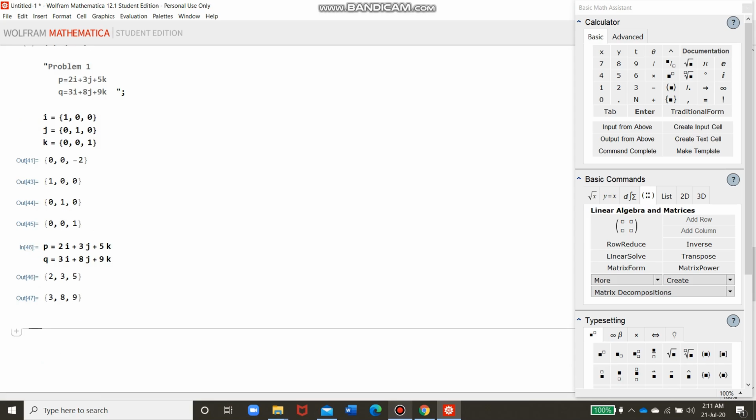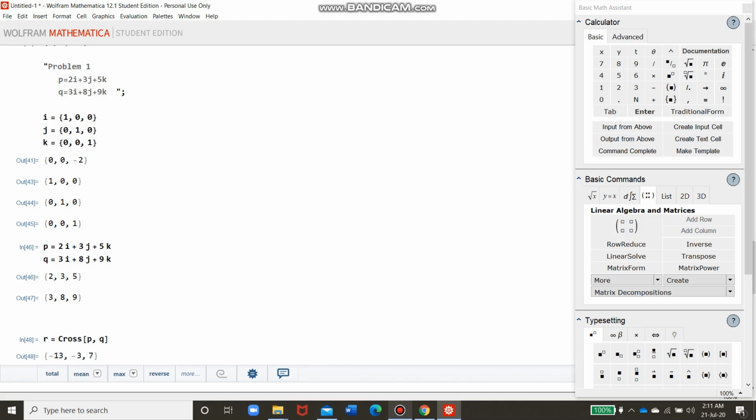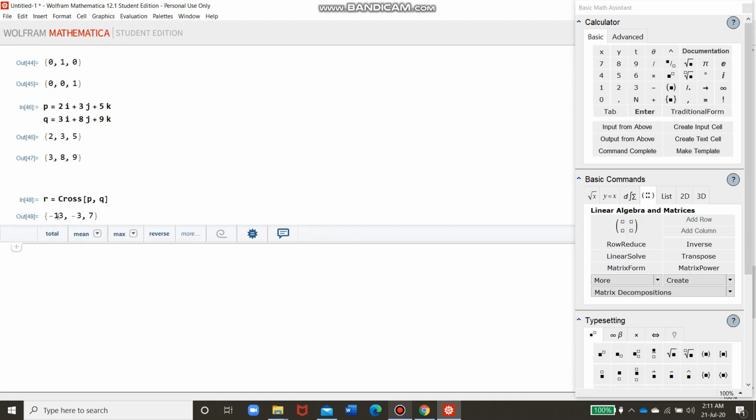Now to find the cross product, maybe an r equal cross p comma q, shift enter. So this is your answer: minus 13i, minus 3k, 3j, and 7k. So please cross check with your answers, and if you've got it, please go ahead to the next topic.